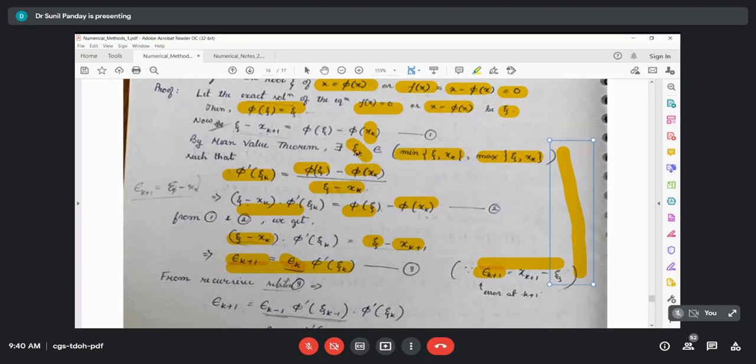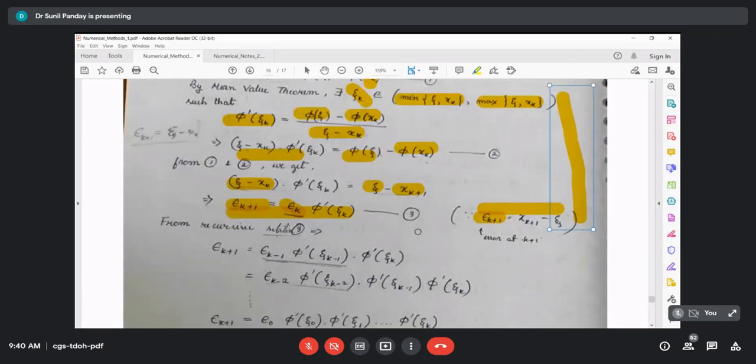So I will get xi_{k-1}, and again in equation 3, we can see that if we apply it in a recursive manner, epsilon_{k+1} equals epsilon_k phi dash of xi_k.